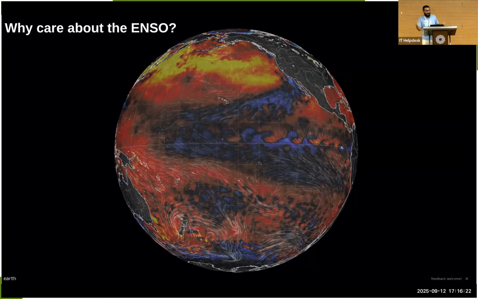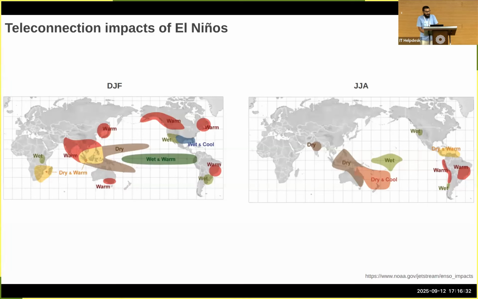Abnormal events in the Pacific are known to lead to extreme weather patterns all around the globe. And these are what are called El Nino and La Nina teleconnections. That's typically shown in these kind of schematic cartoons. So these are teleconnection impacts of El Ninos.